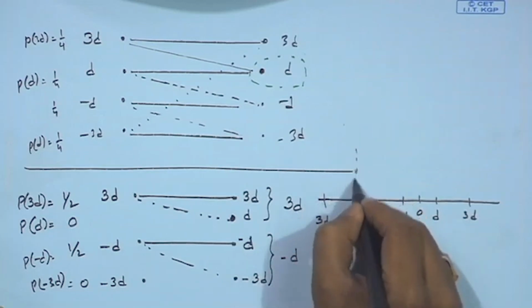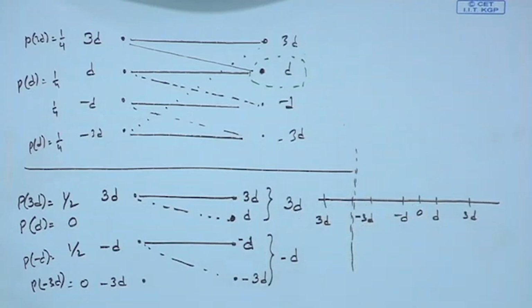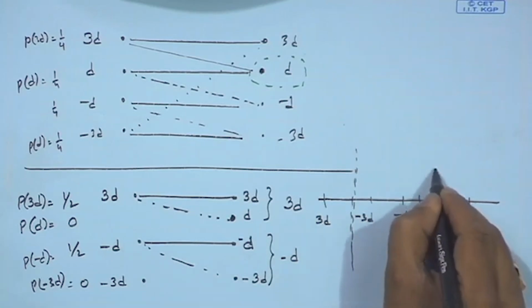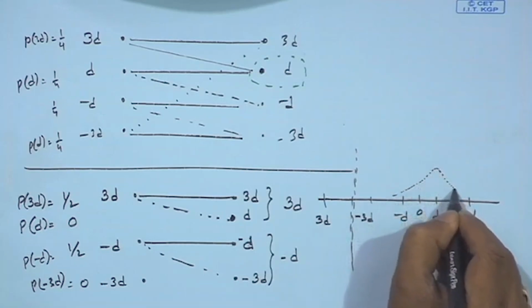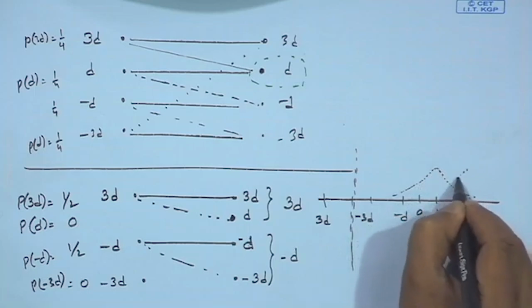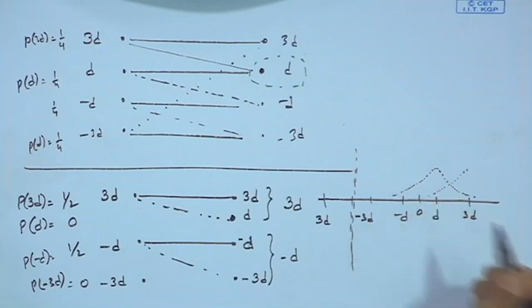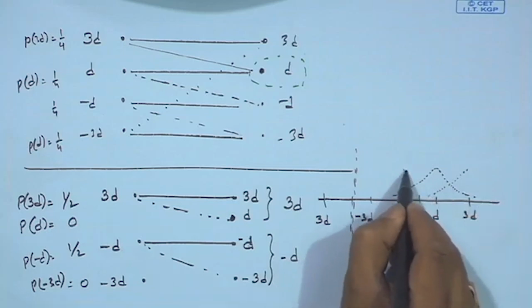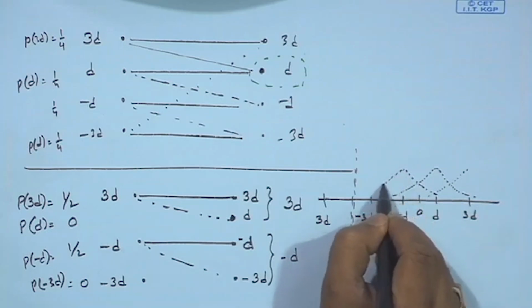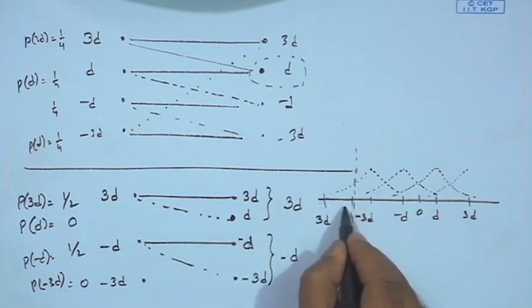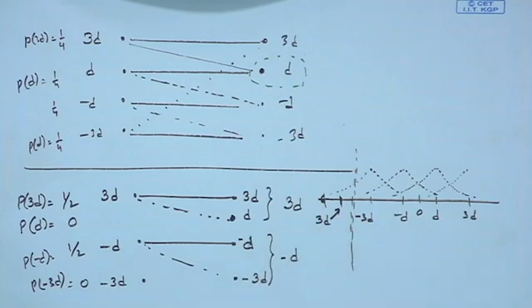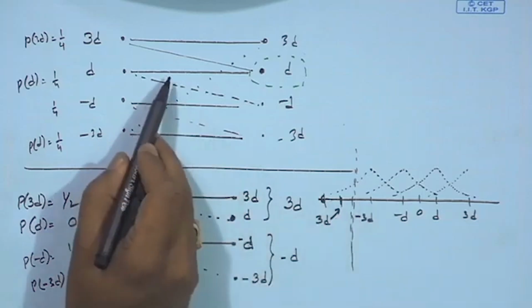So, the conditional probabilities, how will they look? The conditional probabilities would look like this. Sorry, this will be 3D, okay, if it is wrapped around. So, this maps to a situation like this.